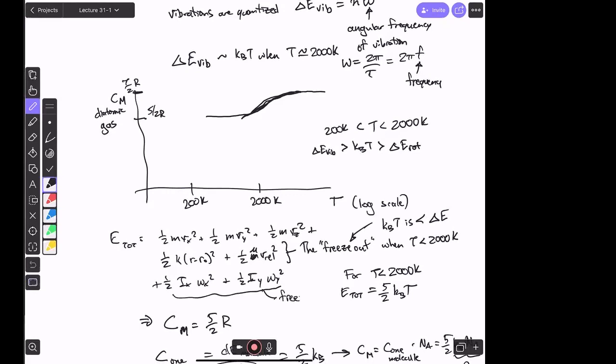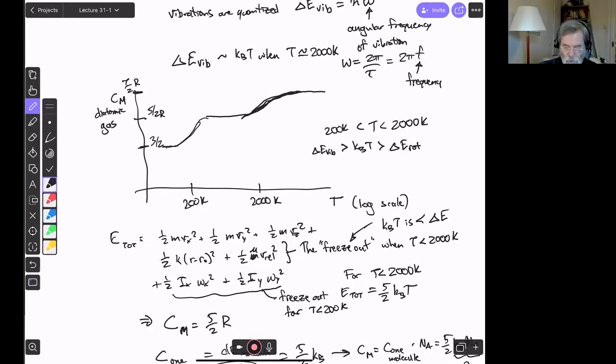So these are going to freeze out for T less than 200 Kelvin. Go ahead. So your energy total is equal to 3 halves kBT in that situation. So the molar heat capacity is equal to 3 halves R when the temperature is less than 200 Kelvin. So it's going to go down to 3 halves R, and again, it's going to kind of mush in between here.